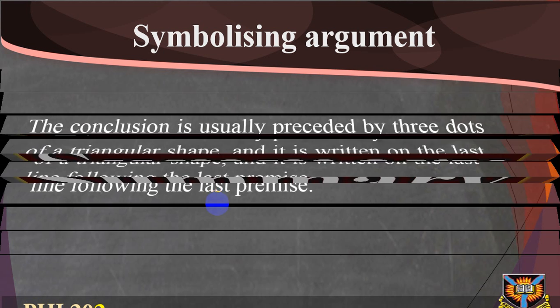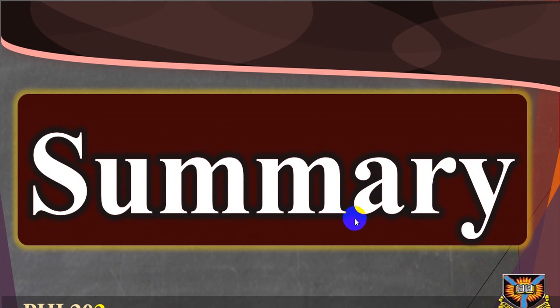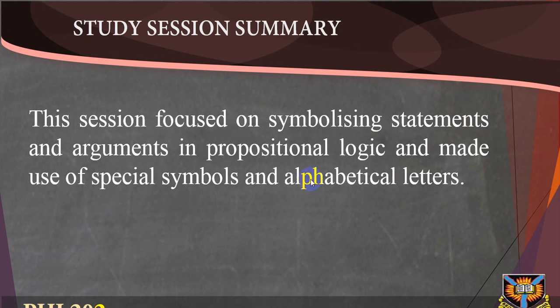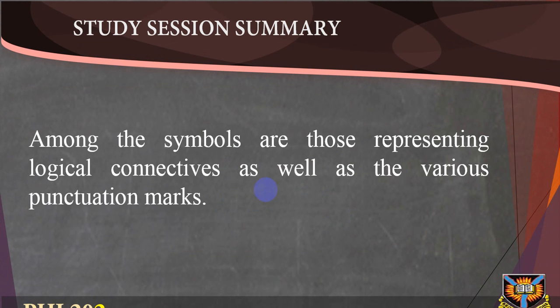Study section summary. In this session, we focused on symbolizing statements and arguments in propositional logic and made use of special symbols and alphabetical letters. Among the alphabetical letters are capital letters A to Z, or propositional constants, representing actual propositions, and small letters P to W, or propositional variables, representing any proposition whatsoever.